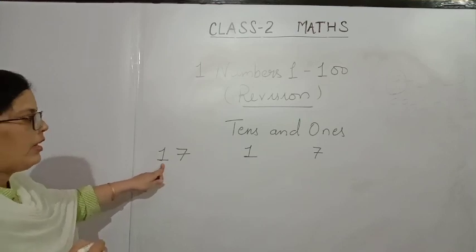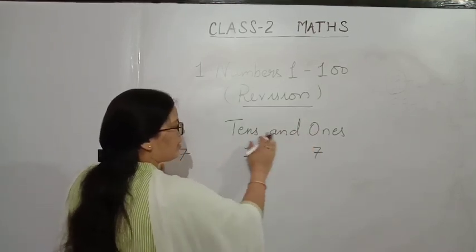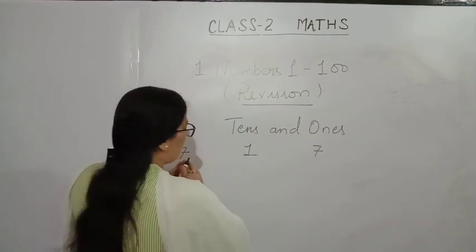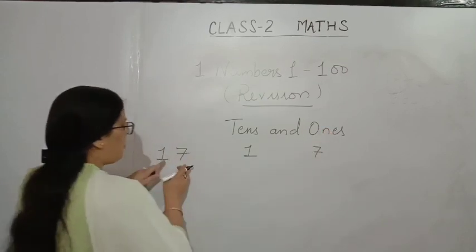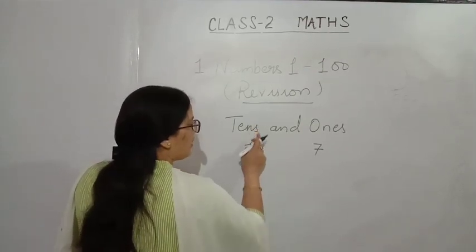So 2-digit numbers have 2 places, that is tens and ones. The number written at the right hand side has ones place, and the number written at the left hand side has tens place.